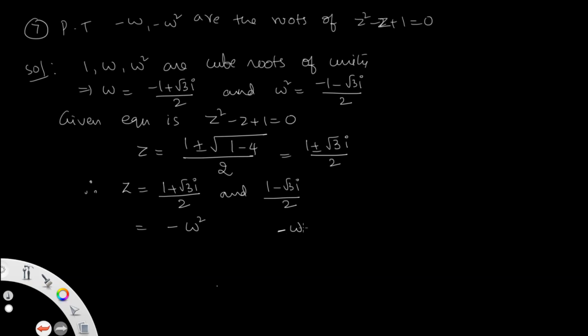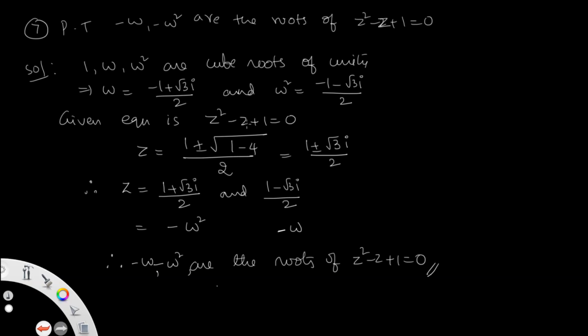Therefore minus omega, minus omega square are the roots of z square minus z plus 1 equal to 0. Why? Because omega equal to minus 1 plus root 3i by 2, omega square equal to minus 1 minus root 3i by 2, nothing but this value is minus omega square.